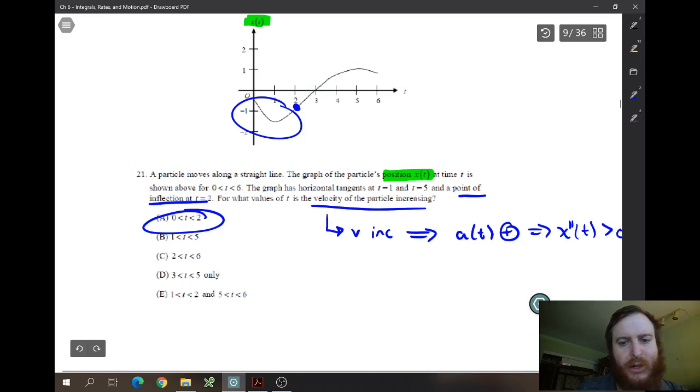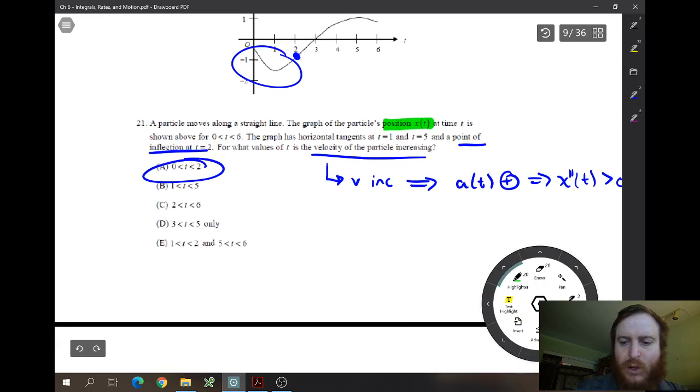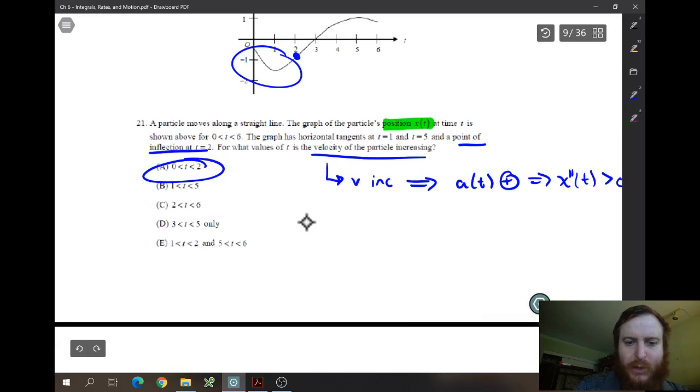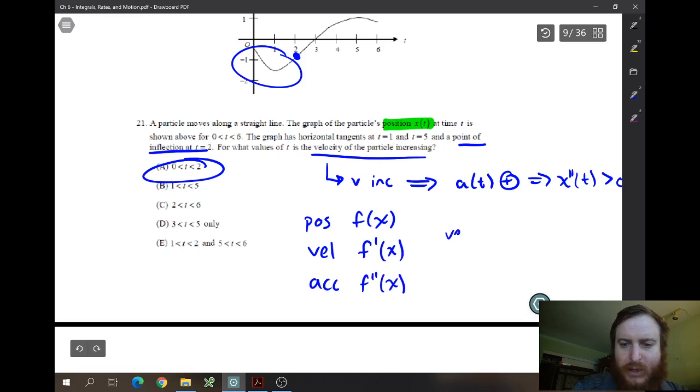But you need to make sure you're connecting it to the right graph, right? Remembering that position goes with f of x, velocity goes with f prime of x, and acceleration goes with f double prime of x. So if we're asked when is the velocity increasing, that's like saying when is f prime increasing, not when is f prime positive.